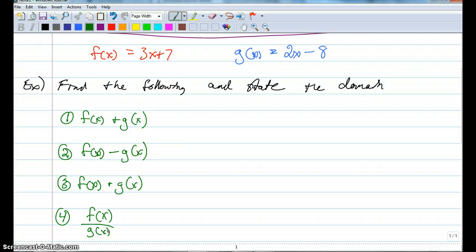Now, before we even get started, I want to start with something else. Let's talk about the domain of f of x. What is the domain of f of x just the way it is right here? Well, like we talked about in chapter 9, what values am I allowed to stick in for values of x? Well, this is America. I can put in whatever I want for x, right?